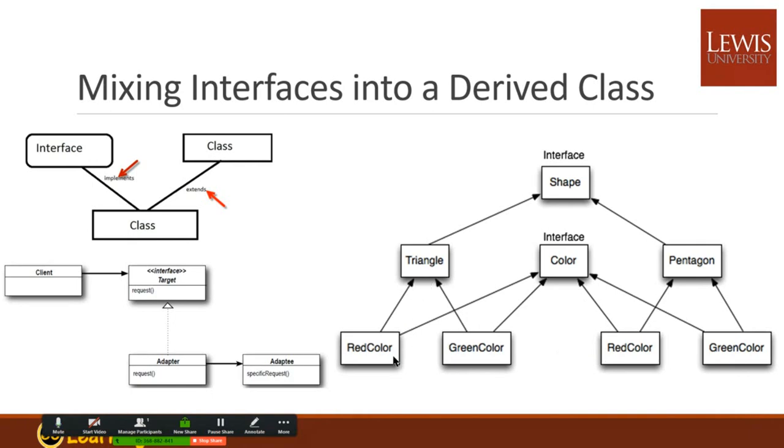So you will have a red color triangle, green color triangle, red color pentagon, green color pentagon, the different objects that are both shape and colored. And then you can use a green color triangle that mixes in the interface and the class. So you have different shapes and different colors, and you can instantiate with the concrete class below this.